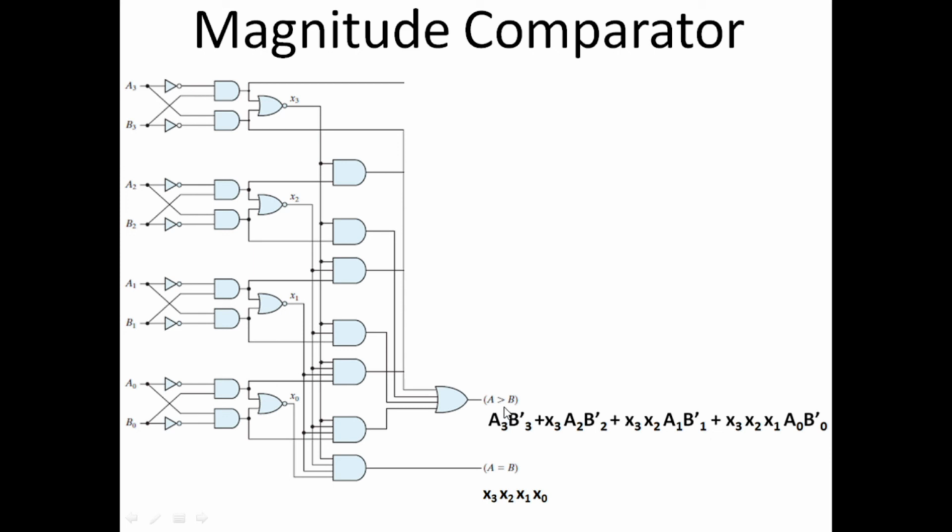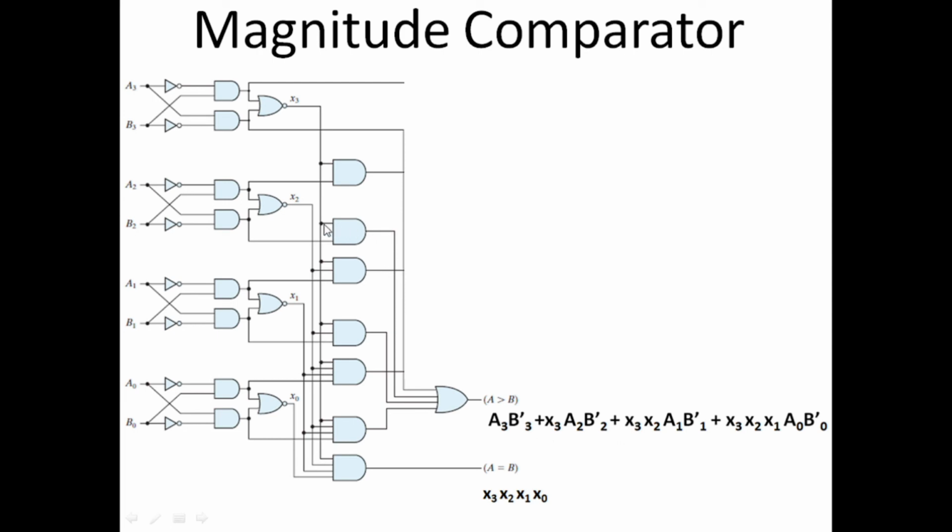Similarly, we can implement A greater than B, and here we can see the same equation that we have just derived. So a3 b3', this line comes from a3 and b3', which comes here and is given as an input to this OR gate. And then the next term is x3 a2 b2'.